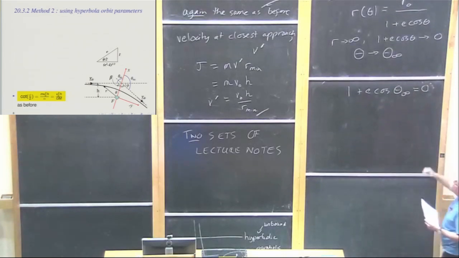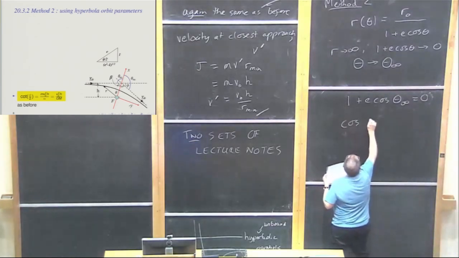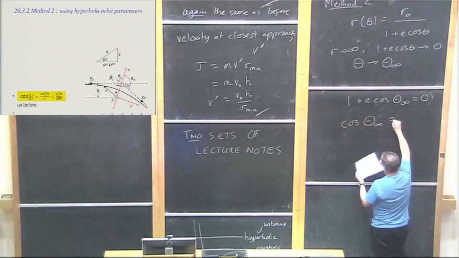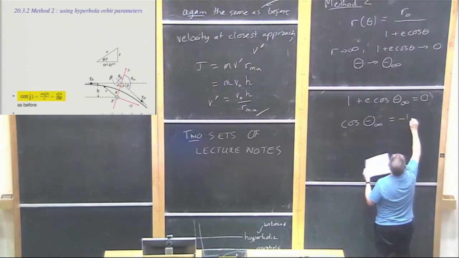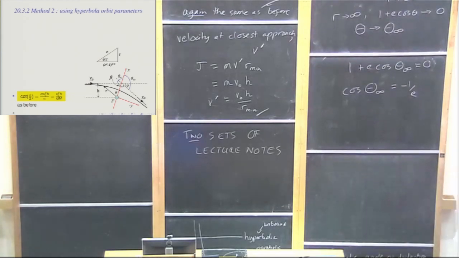Okay, you buy that? So cosine theta infinity is equal to minus 1 over e. This is a very nice and elegant observation that this angle is directly related to the eccentricity of the orbit.